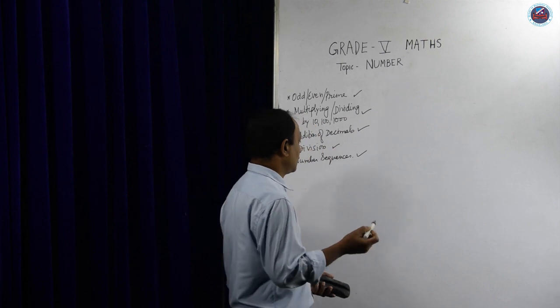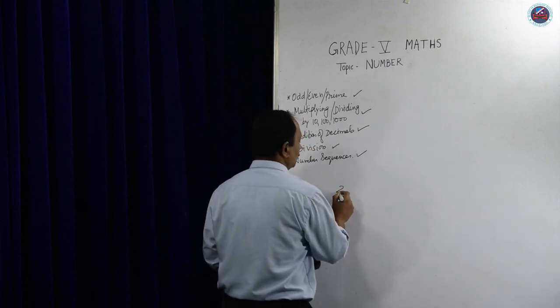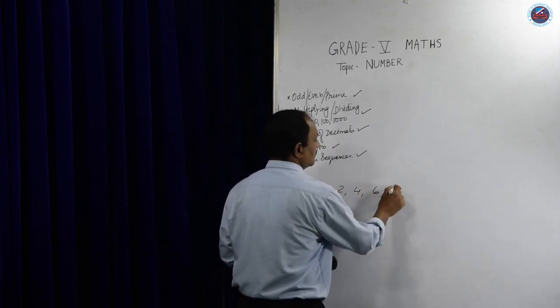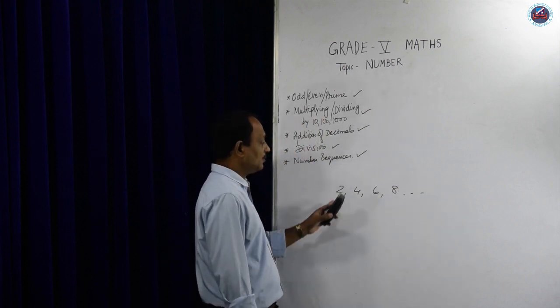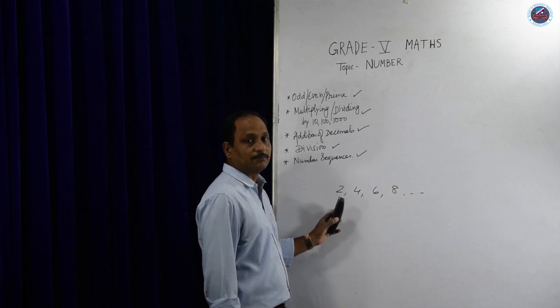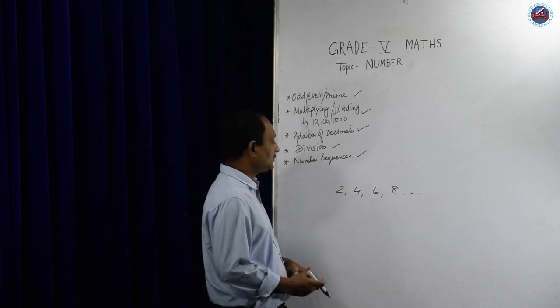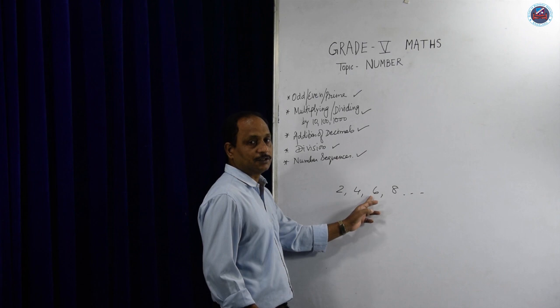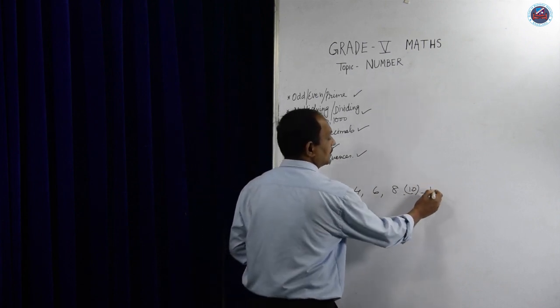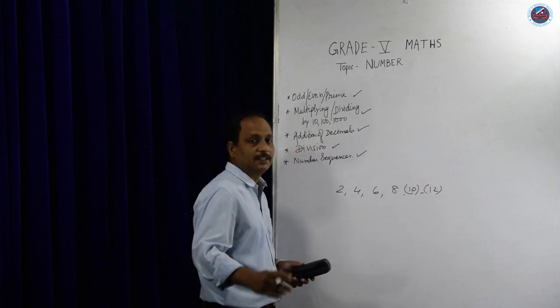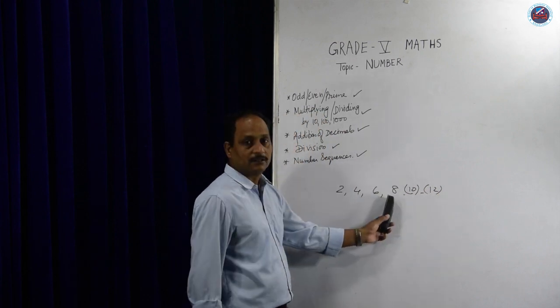Let us take example 2, 4, 6, 8. What will come next? It comes under the multiplication table of 2. 2 1s are 2, 2 2s are 4, 2 3s are 6, 2 4s are 8, 2 5s are 10, 2 6s are 12. This 10 and 12 will be in the sequence of this number.